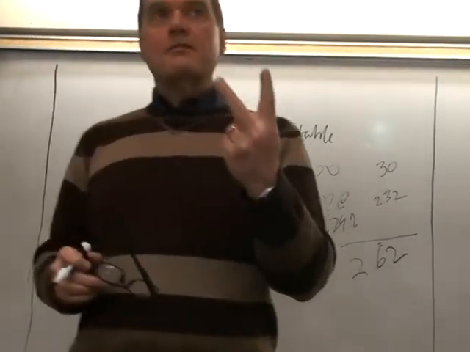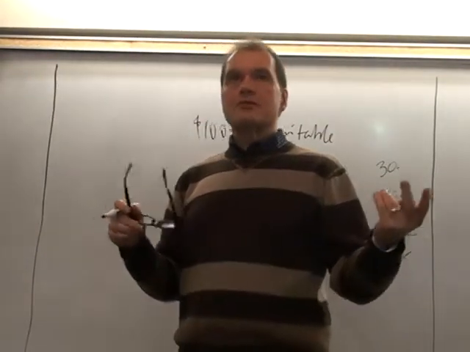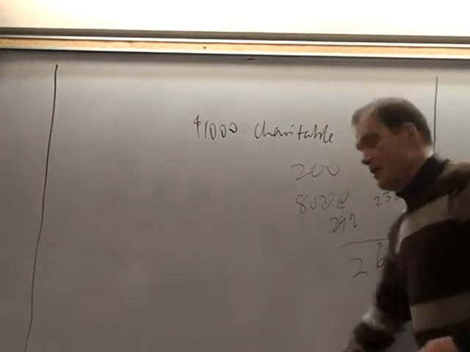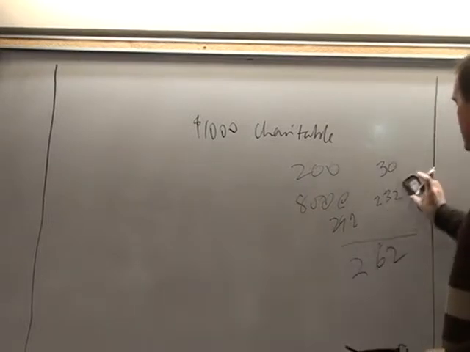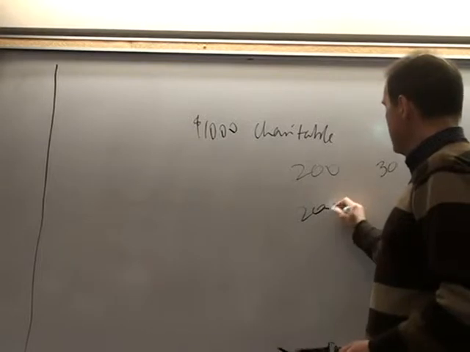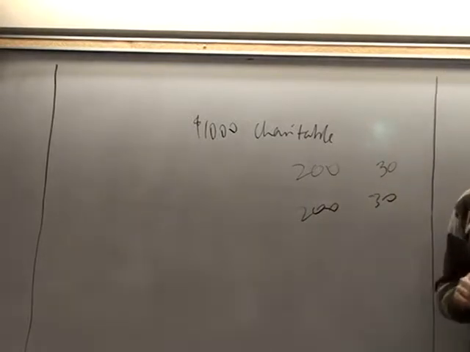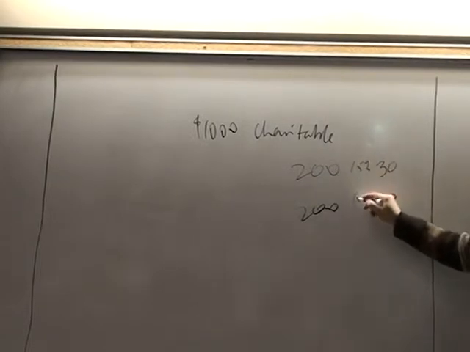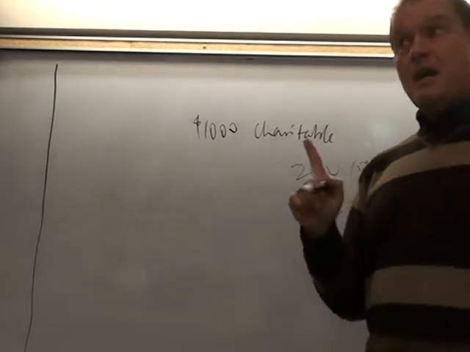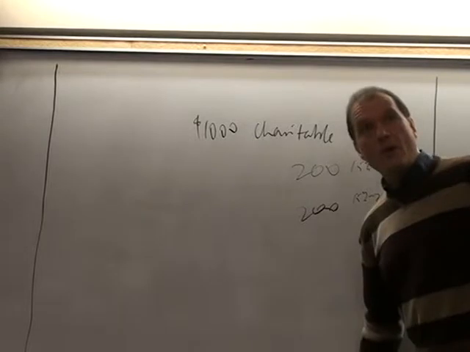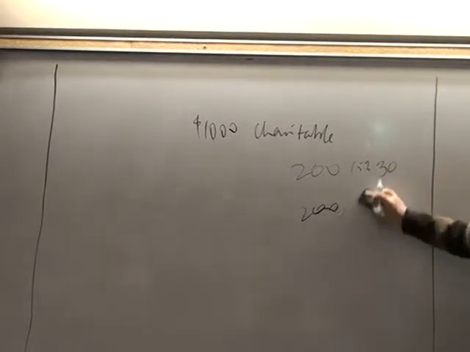Say you've got two spouses, each of whom makes $200 in charitable donations. CRA allows you to combine them on one spouse's tax return. My wife loves it when I give this to her.